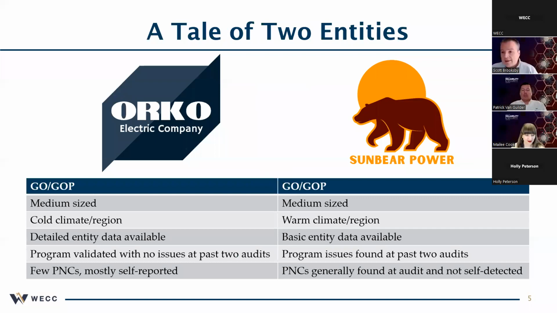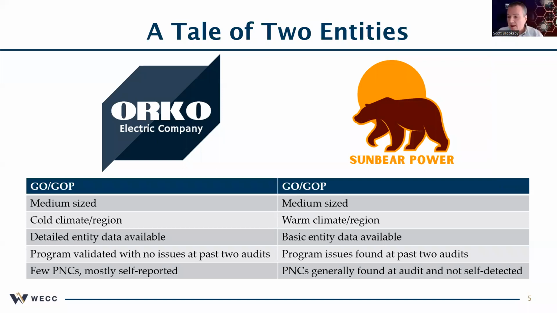We're going to talk about assessing risk in terms of two fictional entities, Orco and Sun Bear. They're basically two GOPs. They are medium-sized, so they're similar from an inherent perspective. But we start to see some differences.